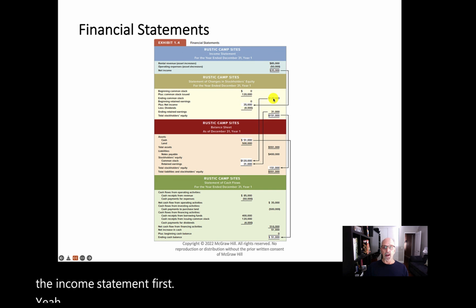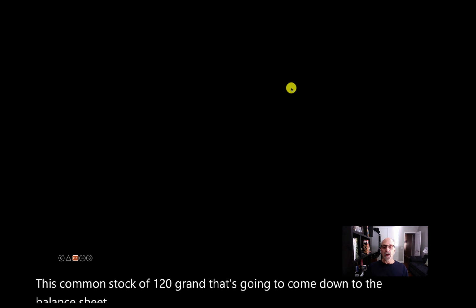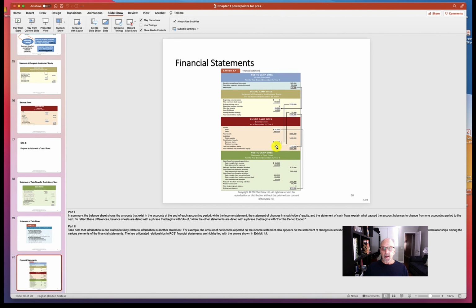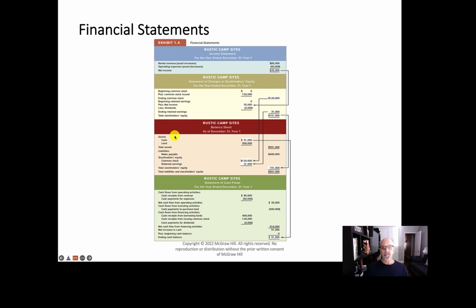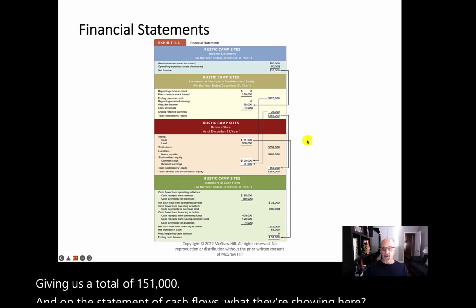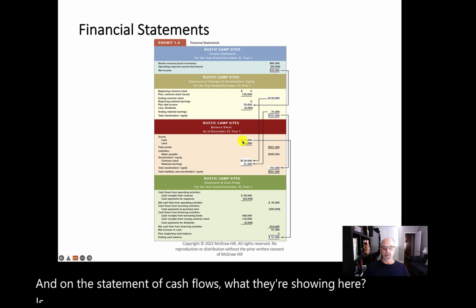Now, this common stock of 120 grand, that's going to come down to the balance sheet under stockholders' equity, as will the $31,000 in retained earnings, giving us a total of $151,000. And on the statement of cash flows, what they're showing here is $51,000 on the balance sheet, $51,000 on the statement of cash flows.